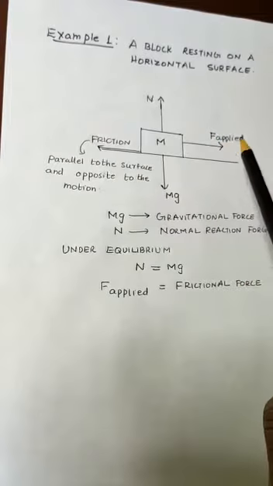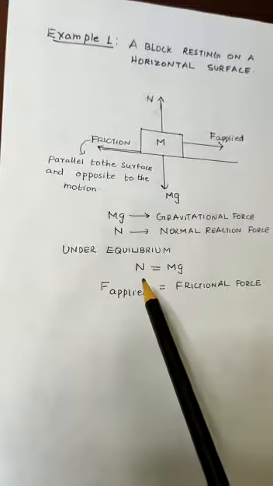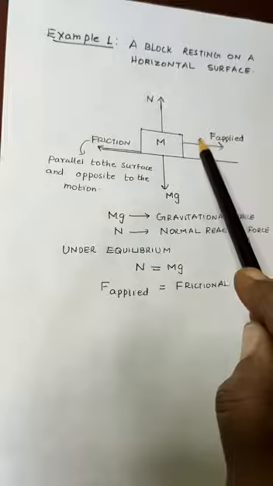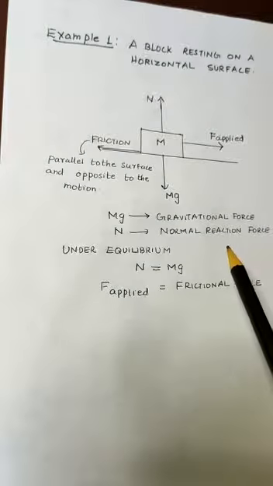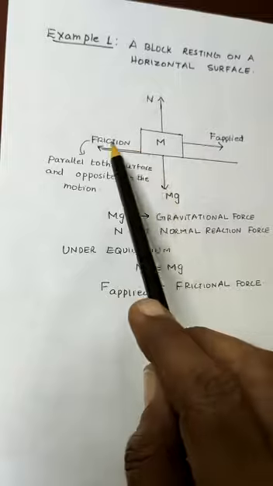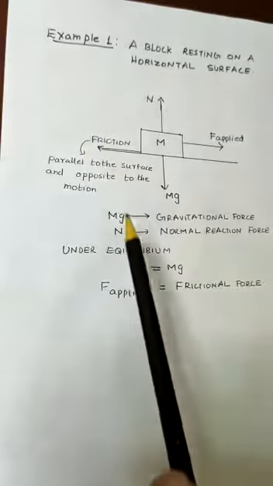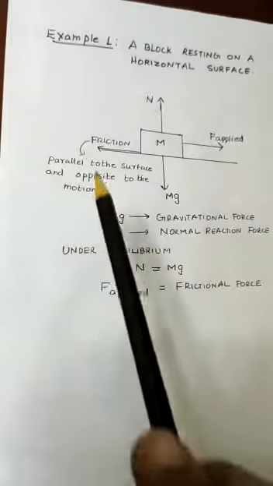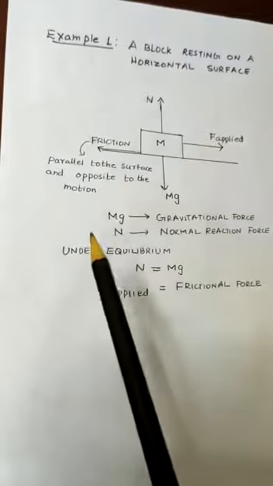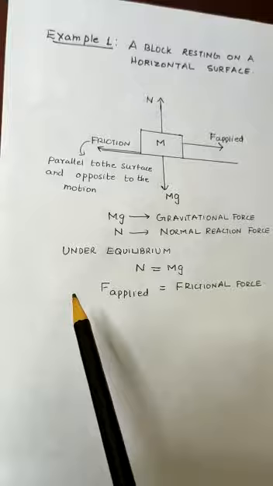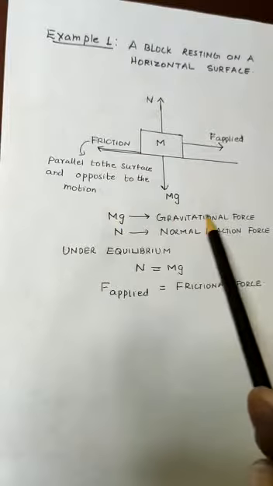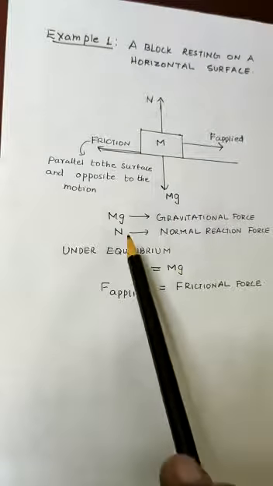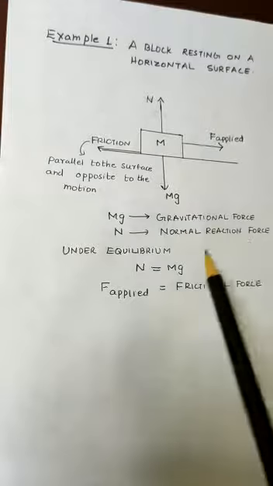Now, a force F is applied onto the block. Since the force is applied in the rightward direction, you have friction in the leftward direction. Friction is always parallel to the surface and it is opposite to the motion of the object. mg represents the gravitational force and N represents the normal reaction force.